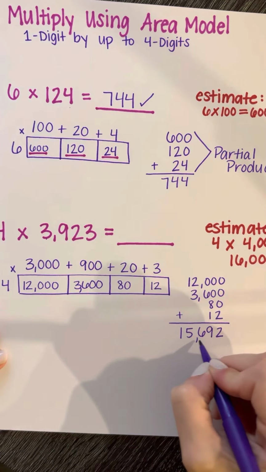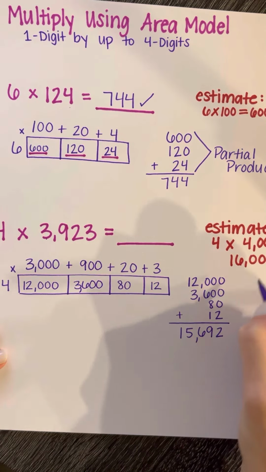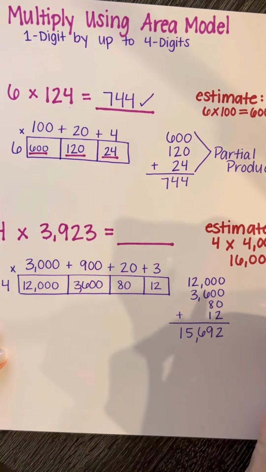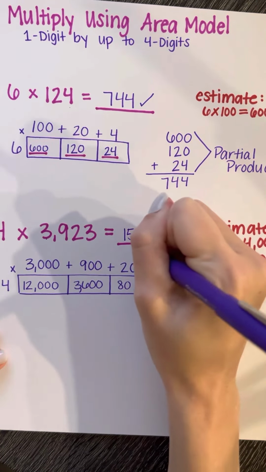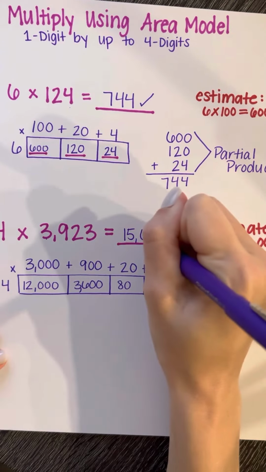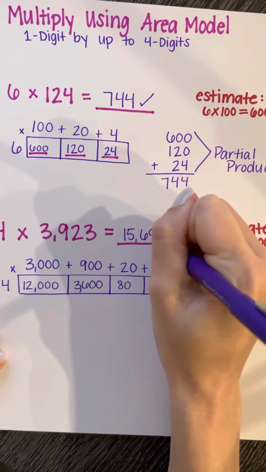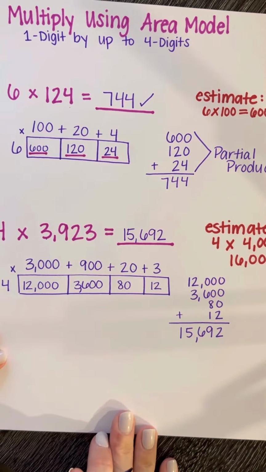If we compare that with our estimate of 16,000, we are happy with that. That is very close. So we have a reasonable answer here.